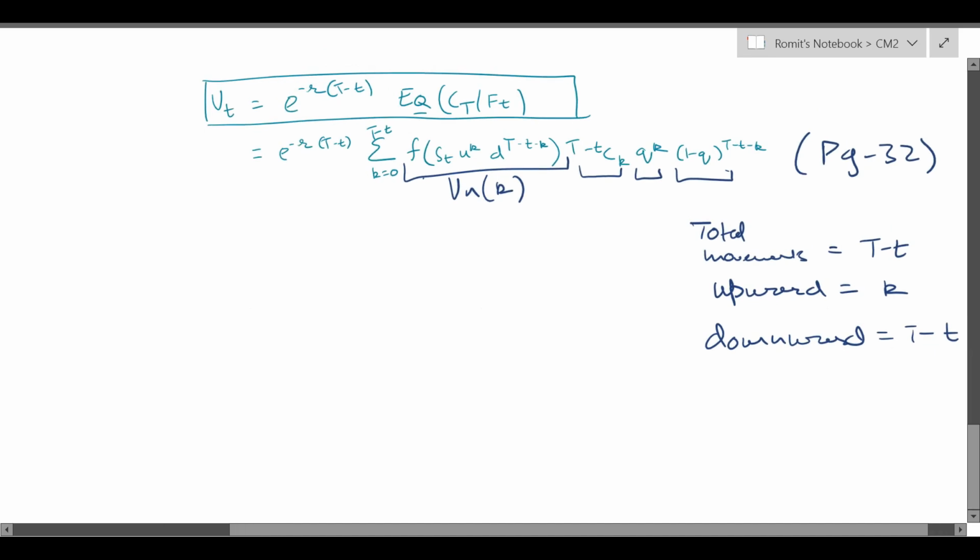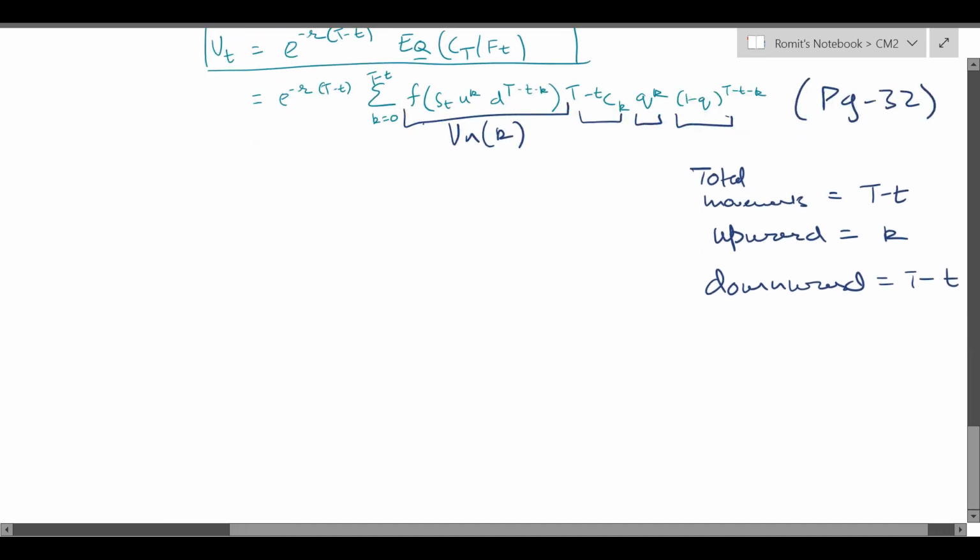Now I'll apply the state price deflator here, which is just to get the real world probability. So e to the power of minus r times capital T minus small t, summing over k from 0 to capital T minus small t, V_n of k.